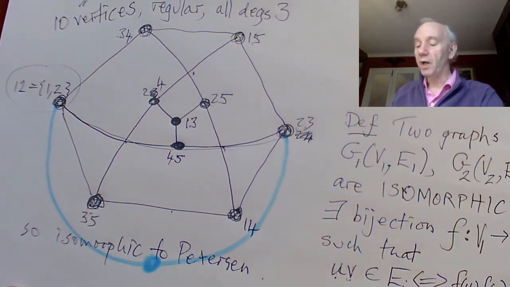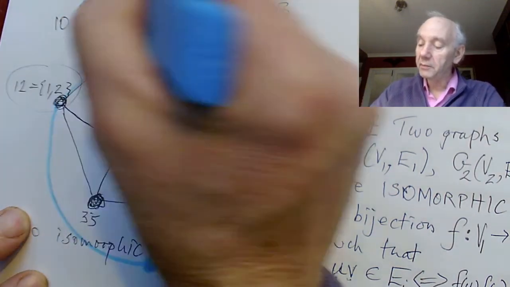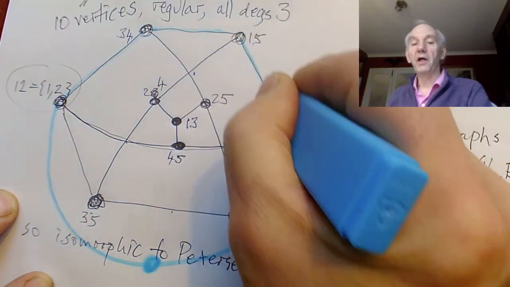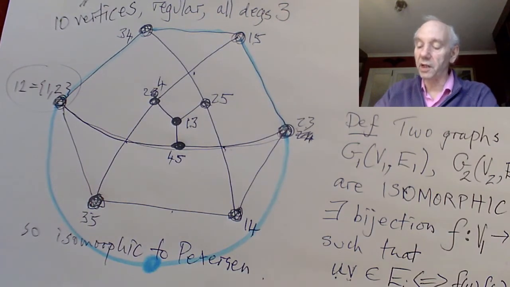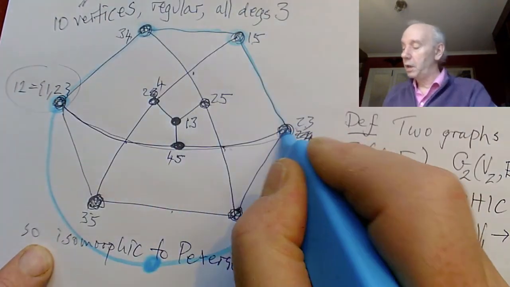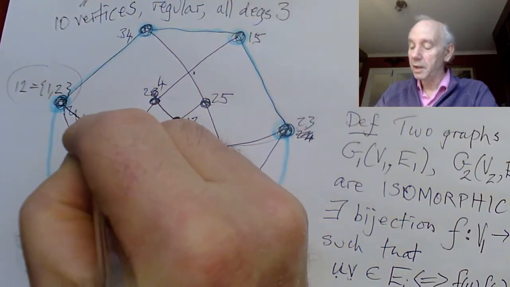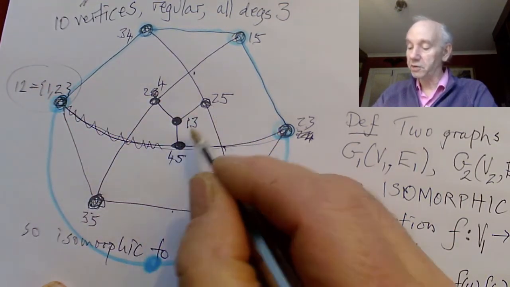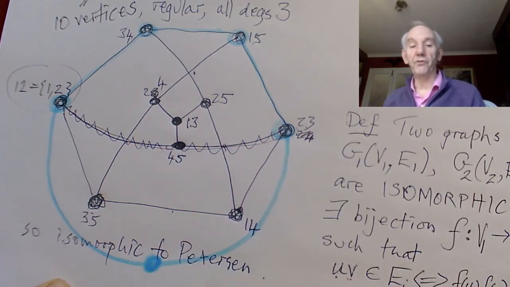So if I leave these edges where they are, make them blue, I've now got a pentagon. Okay, so these are going to stay on the outside, they're going to stay blue. What I've done is this has now been eliminated. I've got to do something on the inside, I haven't come to that yet. I've eliminated that, replaced it by the blue thing.